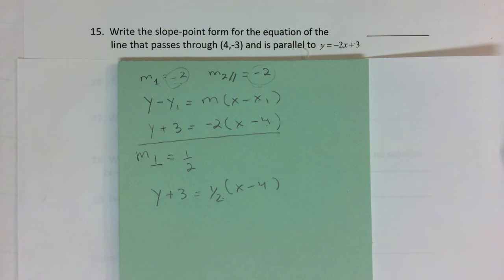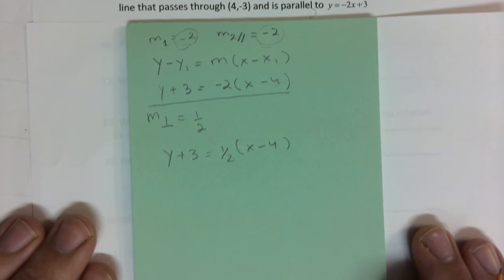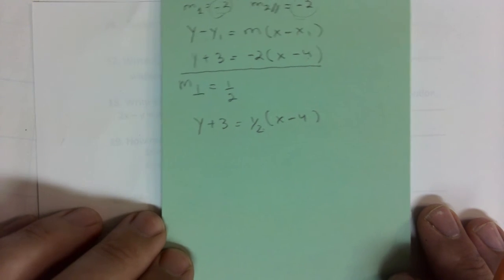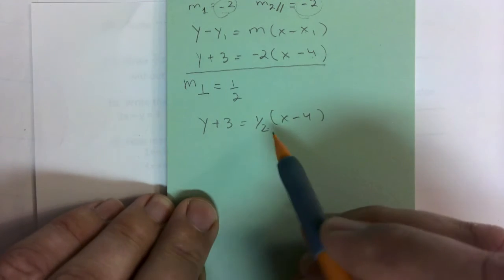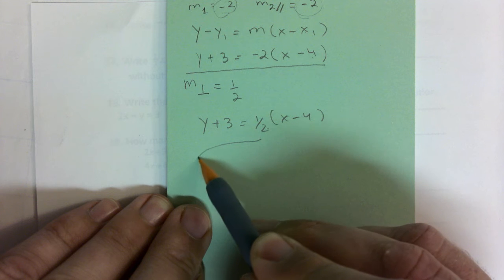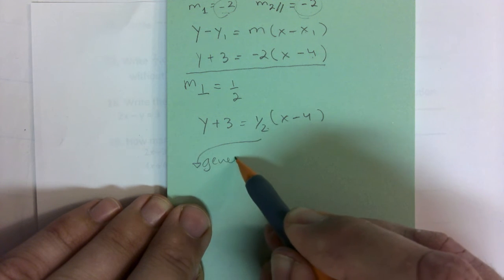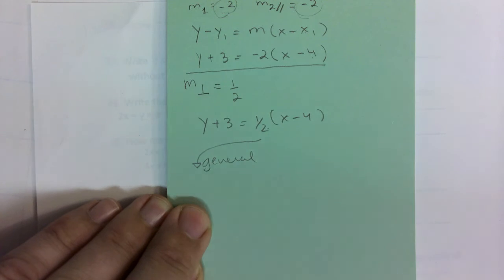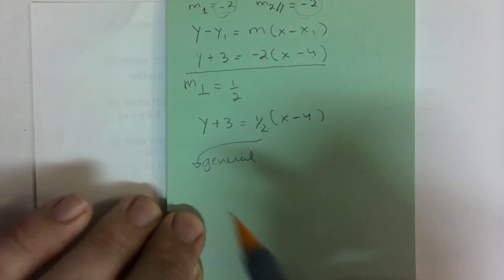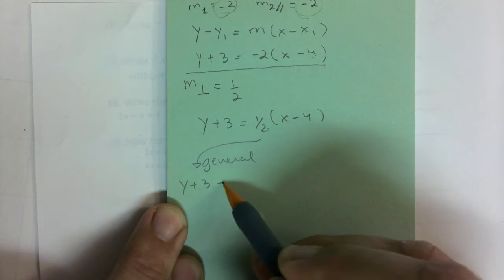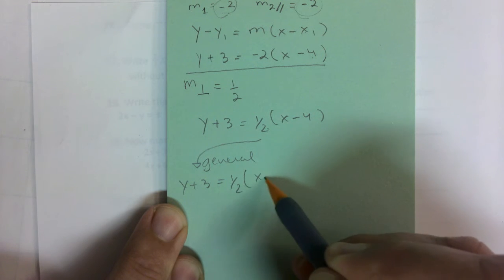If I asked you to rewrite this in either general form or y-intercept form, that's when the problem arises quite often, okay? So watch what I'm going to do here. I'm going to break this down into two. Let's say I asked you to do that in general form. So then I would go y + 3 = 1/2(x - 4).